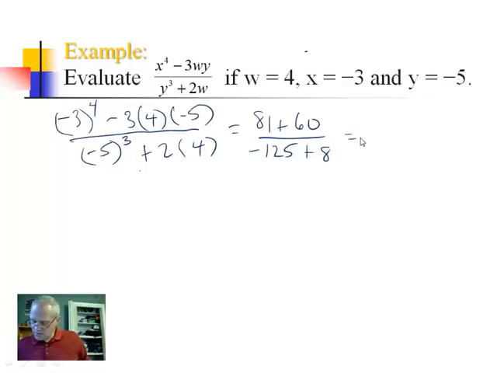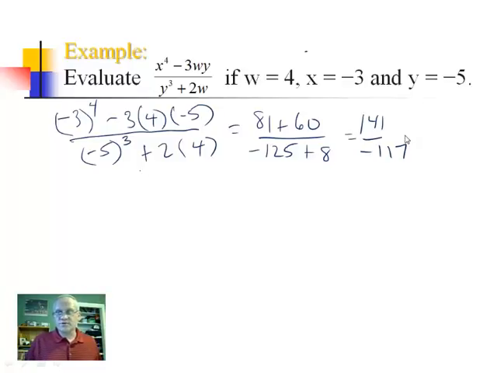We're simplifying it now. 81 plus 60 is 141. And then negative 125 plus 8 is negative 117. So that gives us a really ugly number there. But you can actually simplify that fraction a little bit.